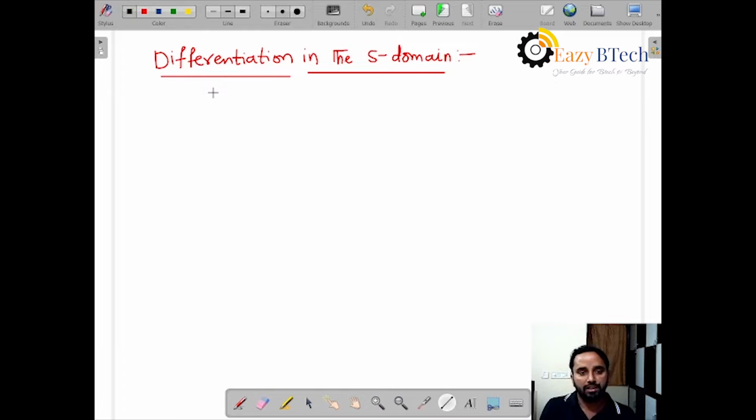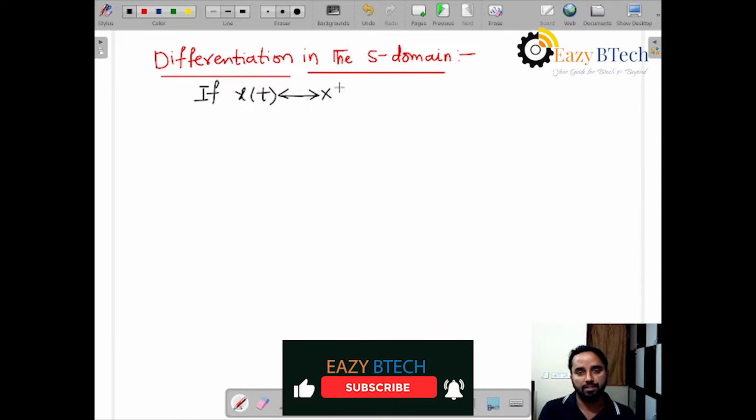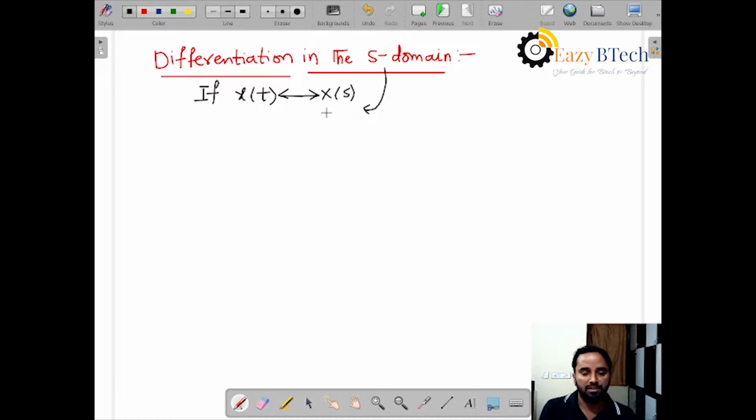The statement is saying that if the Laplace transform of x of t is capital X of s, then differentiation in S domain, that means d by ds of X of s, will be minus t into x of t.